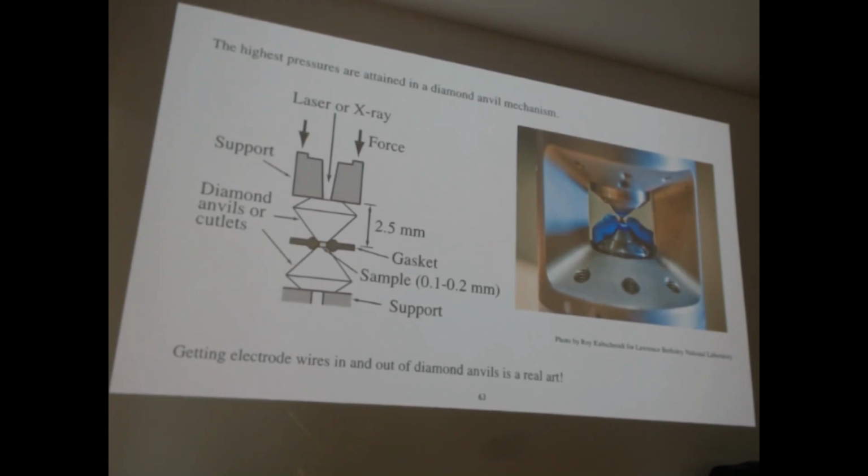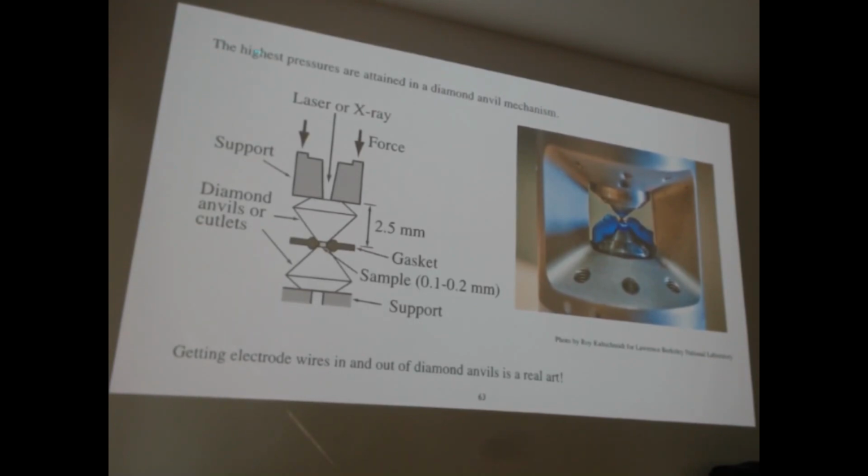And so these systems are only about that big. And you can just use a little hand pump on your bench and wind up the pressure to the bottom of the mantle. And if you're really clever, you can pull a couple of wires in here and make the measurement. And people who do this are amazing as far as I'm concerned. But it's done all the time.